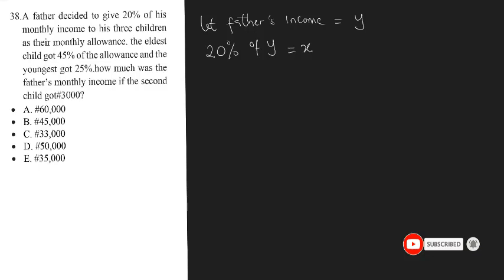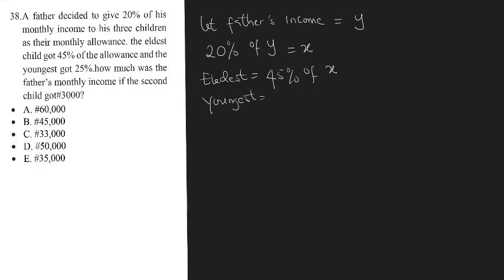So the eldest got 45% of X, because this X is the 20% of his total income that he gave his children. And the youngest got 25% of X also.